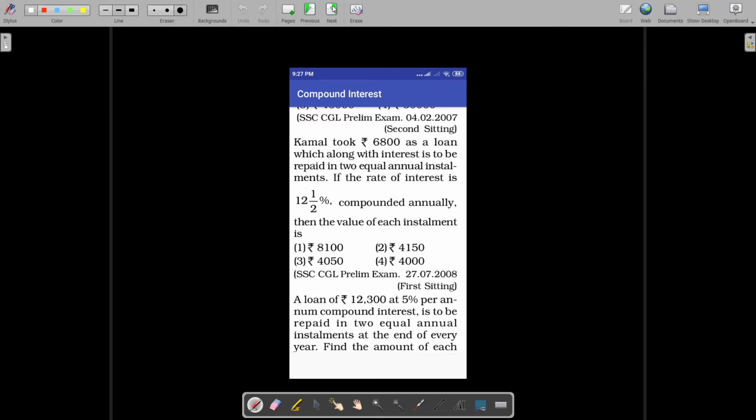Kamal took rupees 6,800 as a loan, which along with interest is to be repaid in two equal annual installments. If the rate of interest is 12.5% compounded annually, then the value of each installment is.